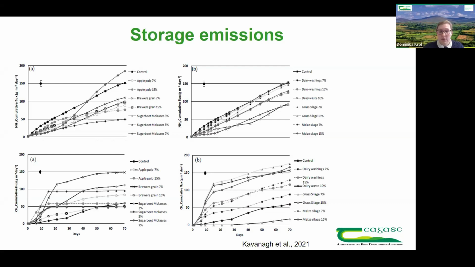However, there was also a variability there in terms of what inclusion rate those additives were at, and some of them needed to be at a higher additive percentage to work. So while some of them were promising, it's not a very easy route of delivering additives in terms of how much and how consistently they will work.